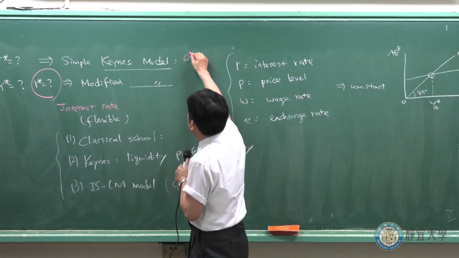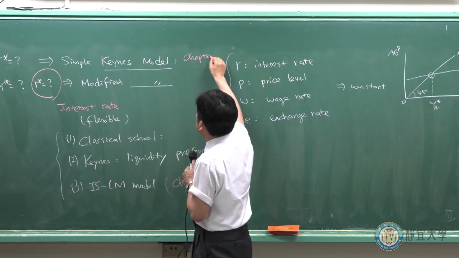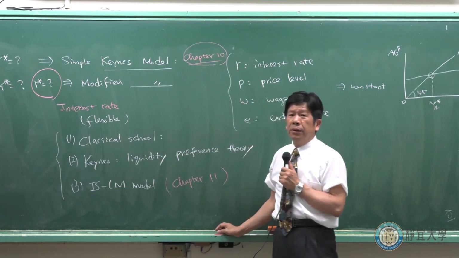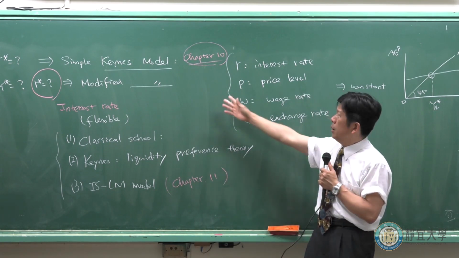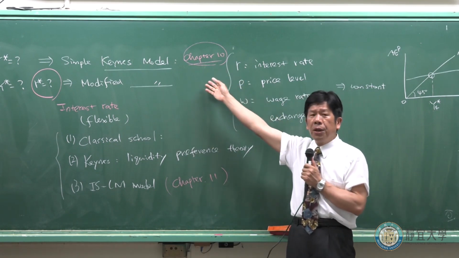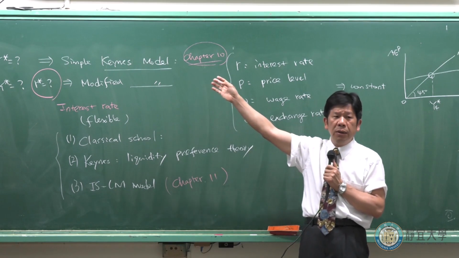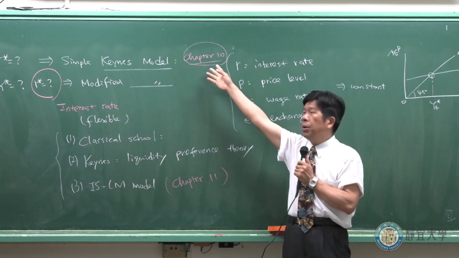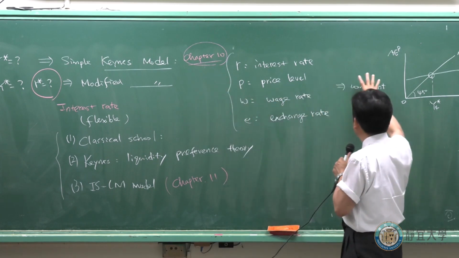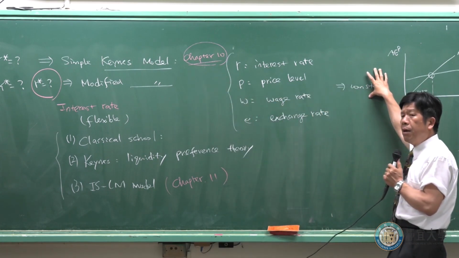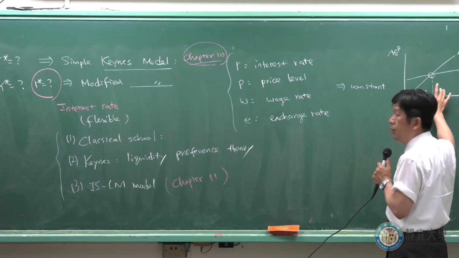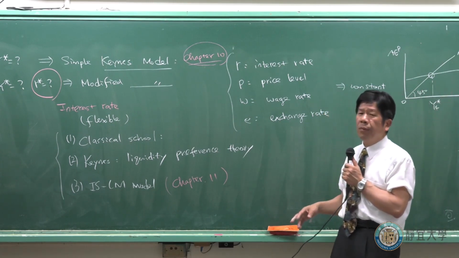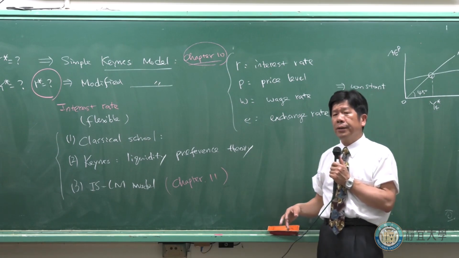Actually, this is just from chapter 10, which we talked about before. Maybe if we have time, I can show you later. We can check chapter 10. We already talked about how to find equilibrium income from the 45 degree line, and we also can see some fiscal policy.